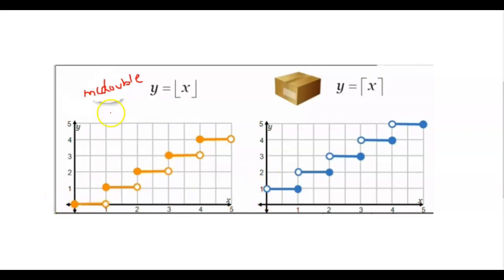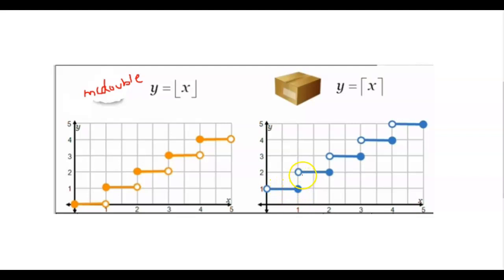So if I look at the McDouble scenario, if I have $0 or less than $0, I can't get anything, but once I hit $1, I can get the first item. Well, in this scenario, the moment I have a little bit of weight, I am charged for that first item. So this is how you see the difference here.